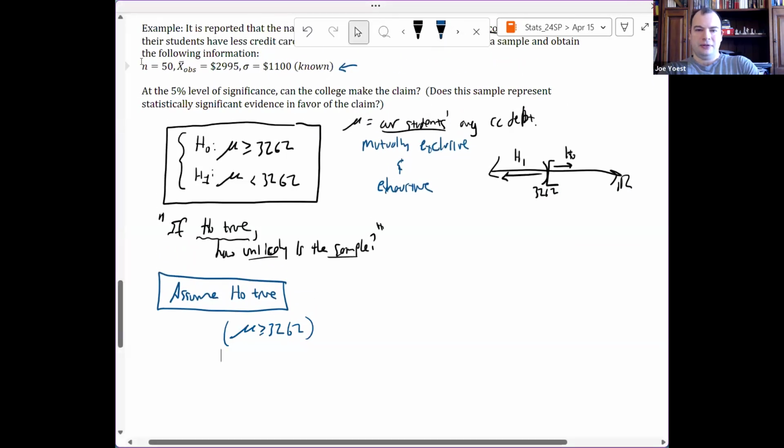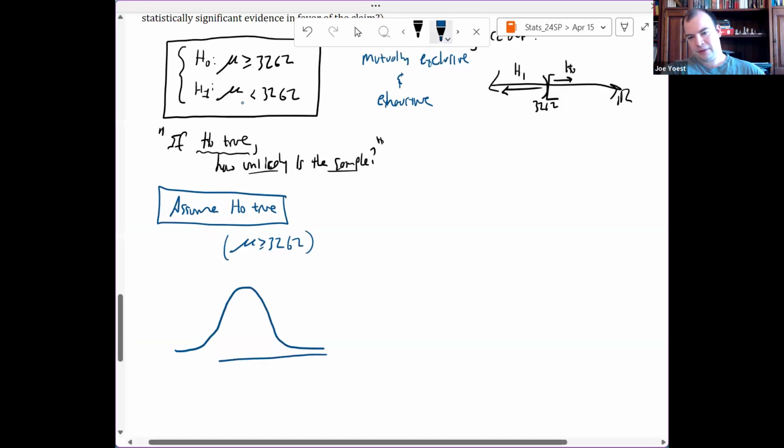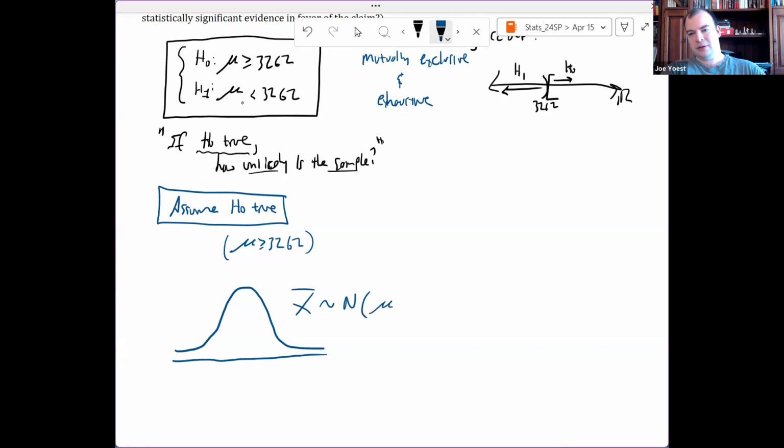Well, I have some sample data related to X bar. But hey, I know the distribution of X bar from the central limit theorem. So I know that X bar, the random variable, is normal with mu X bar equals some number mu that we're saying is bigger than or equal to 3262, and some sigma X bar that we can calculate, sigma over root n.